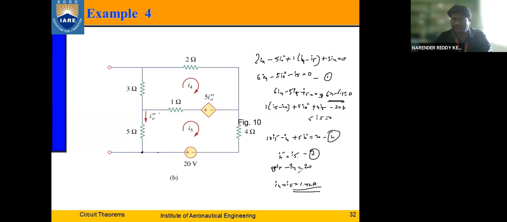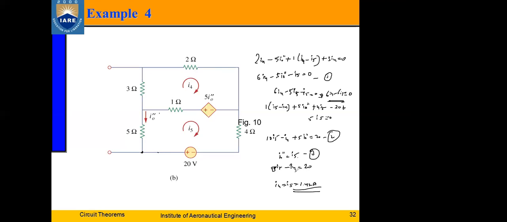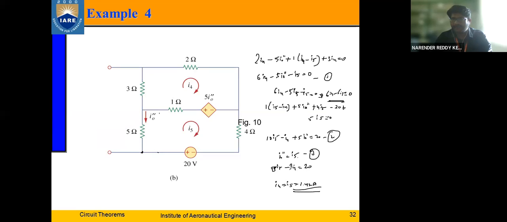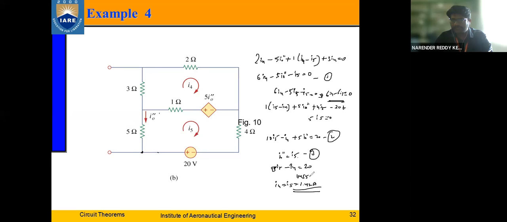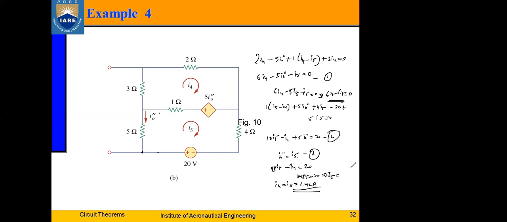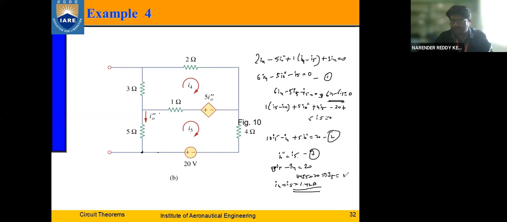Because equation I4 is equal to I5. You just substitute it directly here. 14 I5 is equal to 20. You get the value of I5, that's 20 by 14, right? So what's the value for that? 1.42. Is that okay? 1.42.